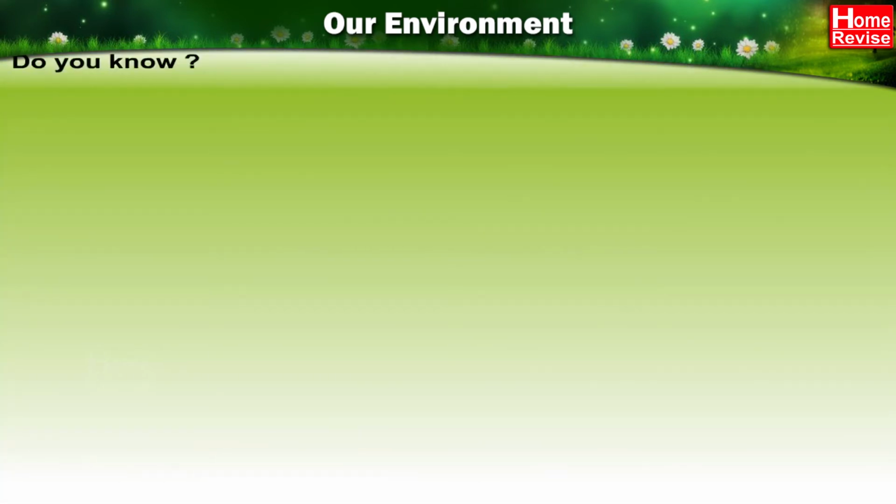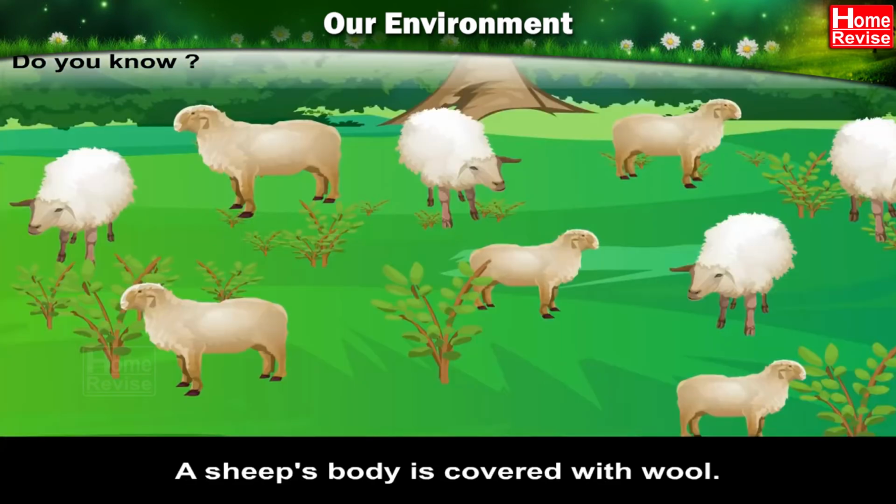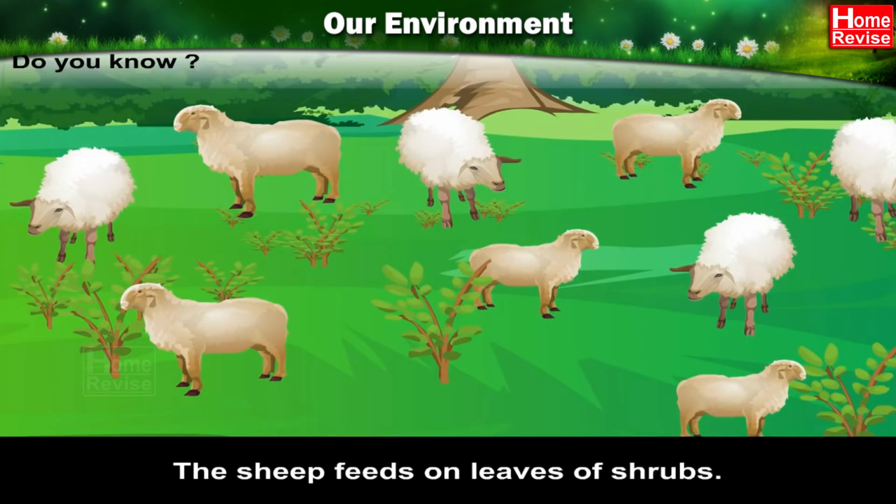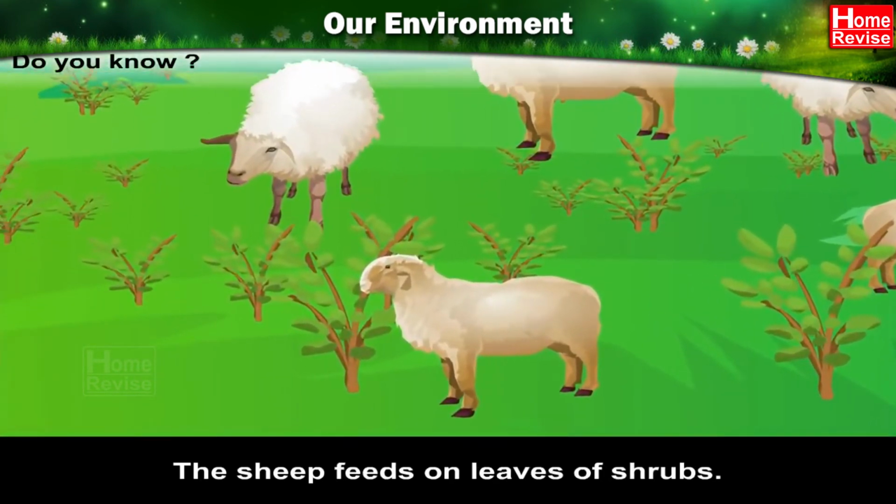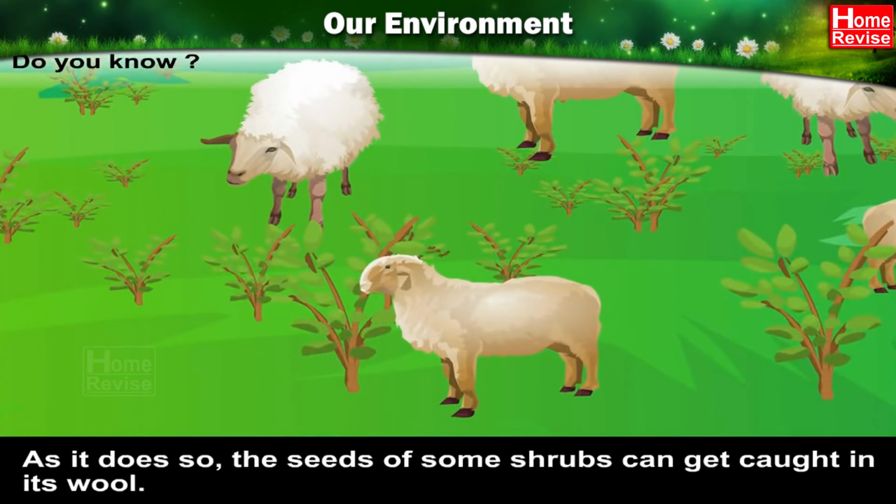Do you know? A sheep's body is covered with wool. I'm sure you must have noticed that. The sheep can feed on leaves of shrubs. As it does so, the seeds of some shrubs can get caught in its wool.